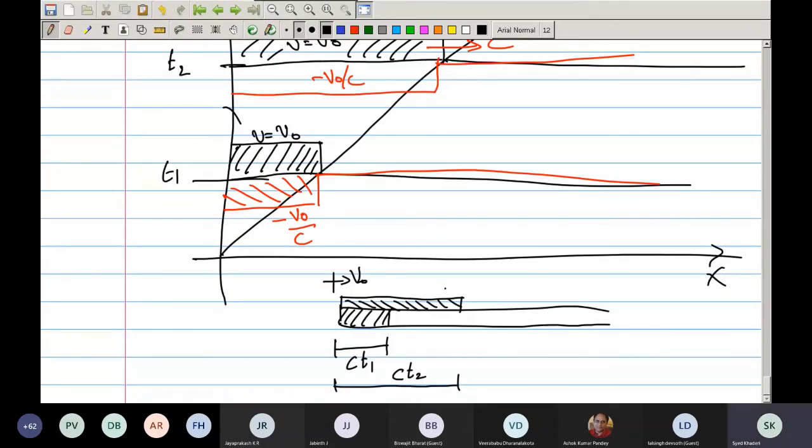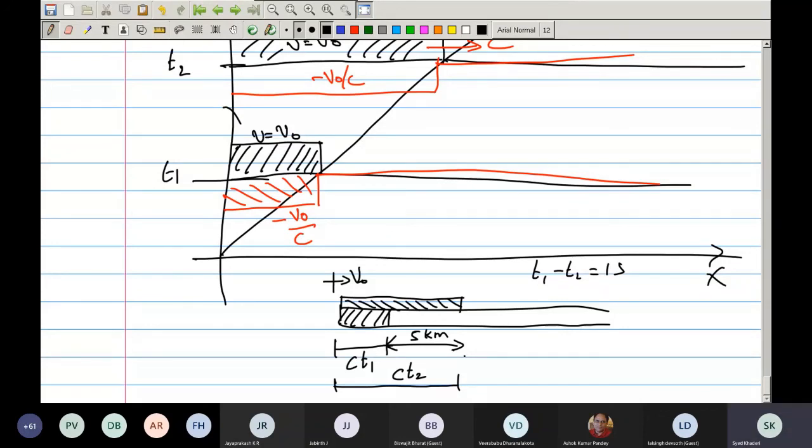Now let me give you some example, some numbers, of how different these two distances can be. Let us say my t2 minus t1 is 1 second, then this distance is going to be about 5 kilometers, 5,000 meters. That's the wave speed. So that's why these things happen over very short time intervals.